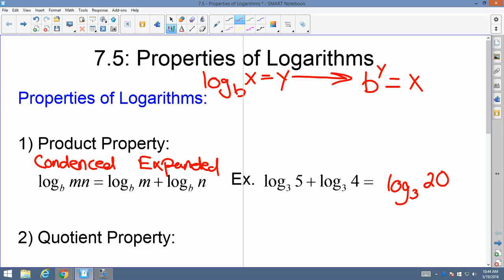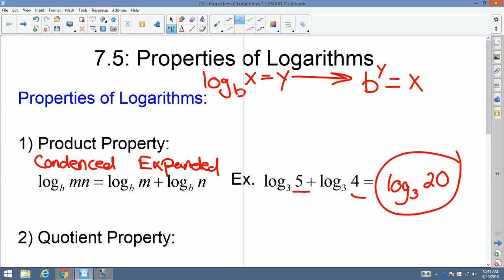How would you know if it wasn't log base 3 of 10 plus log base 3 of 2 instead? Okay. In this particular case, I gave you the 5 and the 4. Now, if I tell you to expand this, you don't know that it's 5 and 4, right?